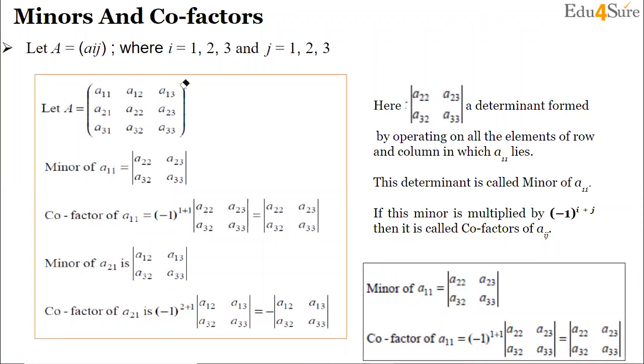Similarly, now if I ask what will be the minor for A12, in that case you will hide this part and this part. So for A12 the minor will be this one: A21, A23, A31, A33. Let me write it down here.